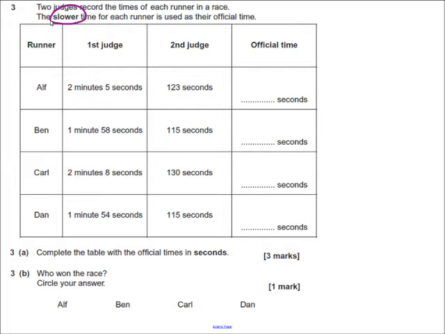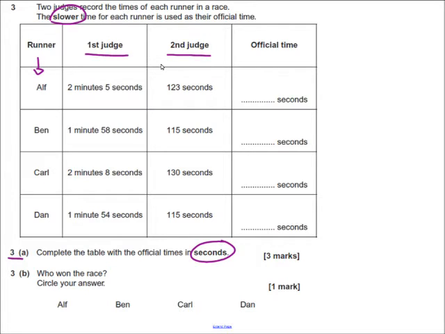Now the runners' names go down the first column. Judge number 1 looks like he's using minutes and seconds, and judge number 2 is using seconds only. Question 3a is asking us to complete the table with the official time in seconds. And again, that's in bold to tell us that's what they want the answers in.